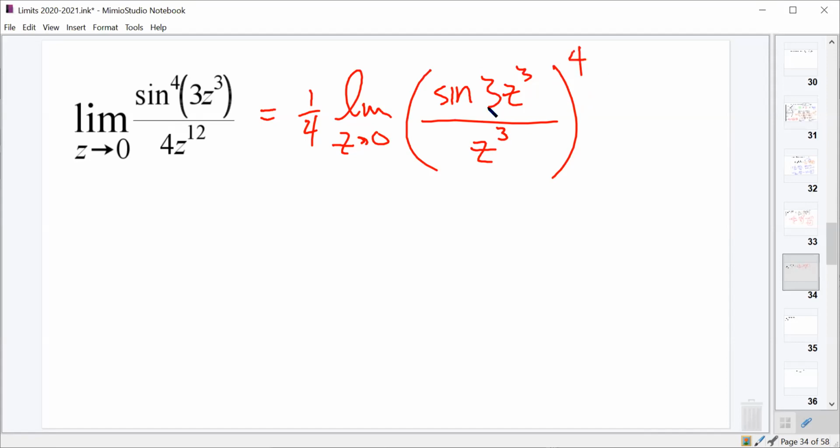Right, exactly. So here I've got sine 3z cubed to the 4th, just like I have in the numerator, and I've got z cubed to the 4th, which is z to the 12th, still in the denominator. And I've got that 1/4 that was in the denominator pulled out in front. Everybody feel okay about that?